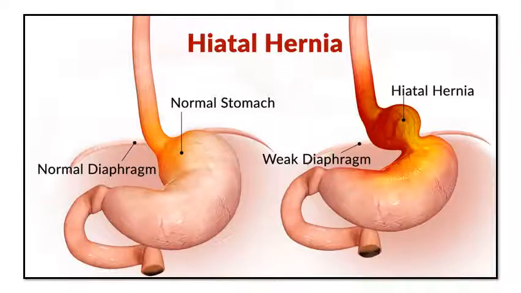So here's a hiatal hernia, right? Here's a normal stomach, normal esophagus making its way through the diaphragm. And then here we have a bit of the stomach that's pushed its way up above the diaphragm, and we call that a hiatal hernia.